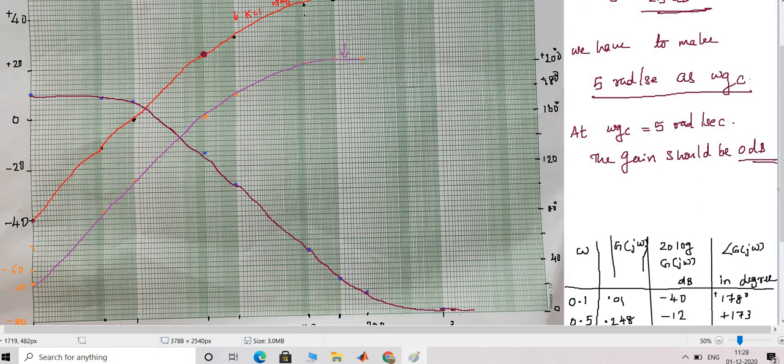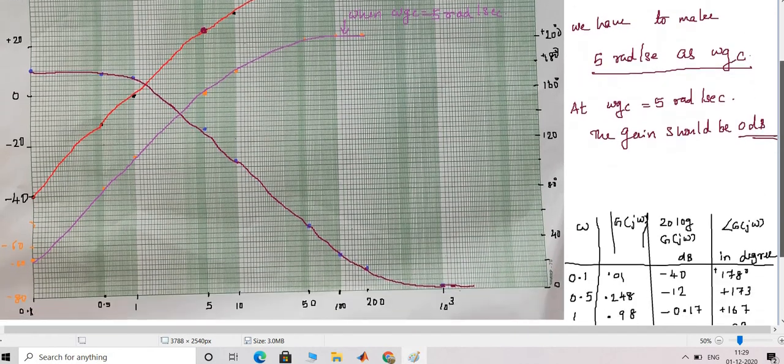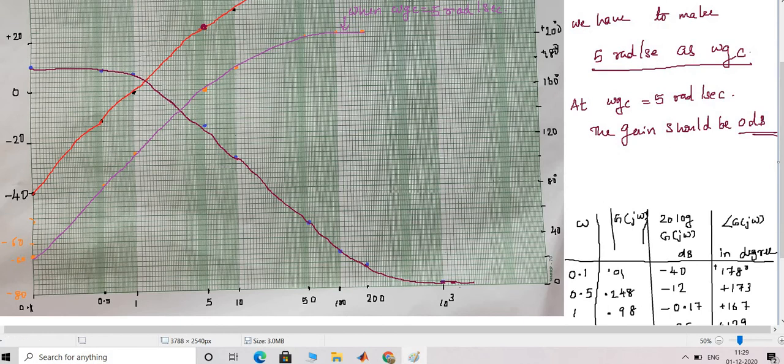So this is the magnitude plot when omega GC is 5 radian per second, because we can see that corresponding to the point at 5 radian per second, the gain is 0 dB.